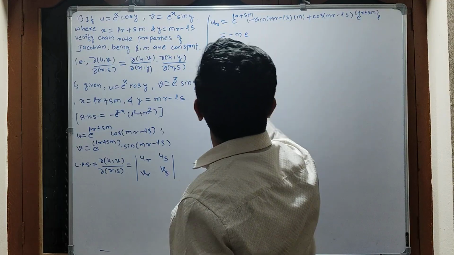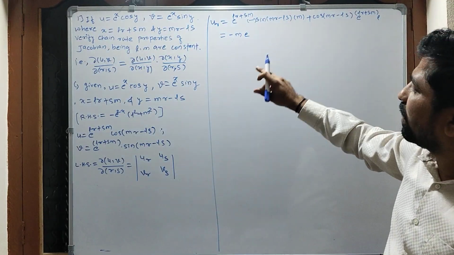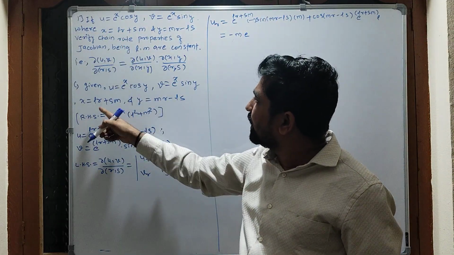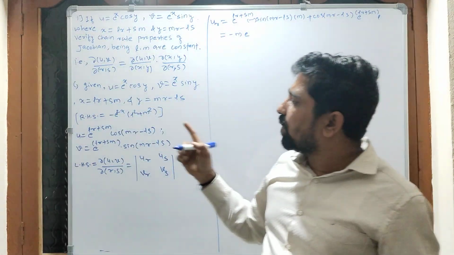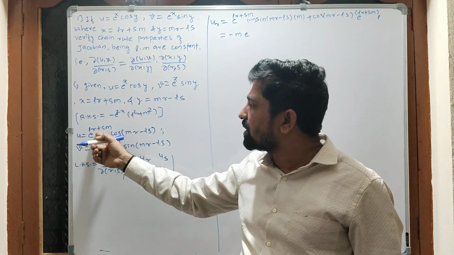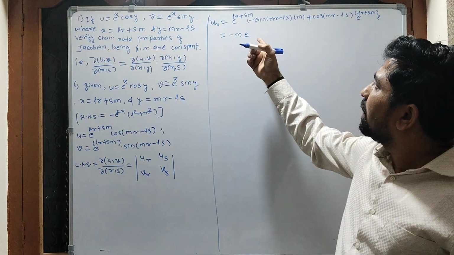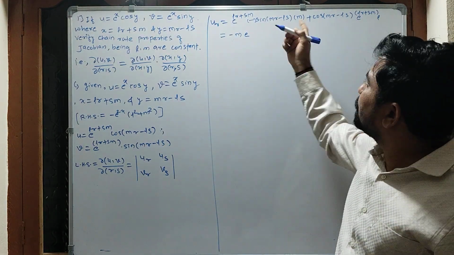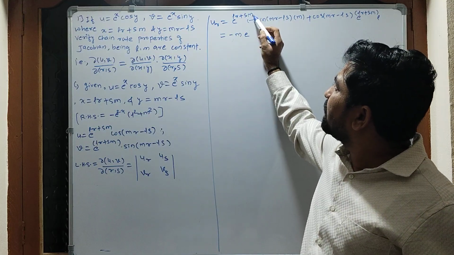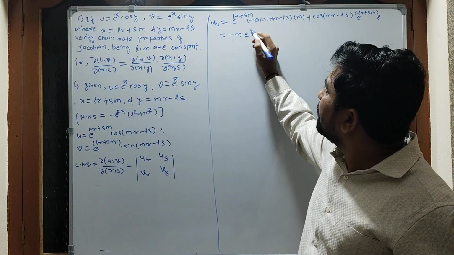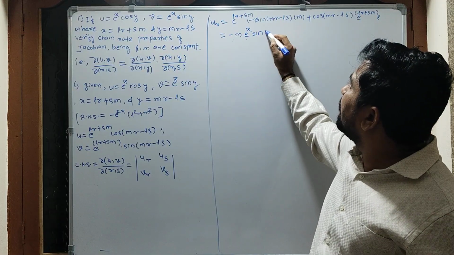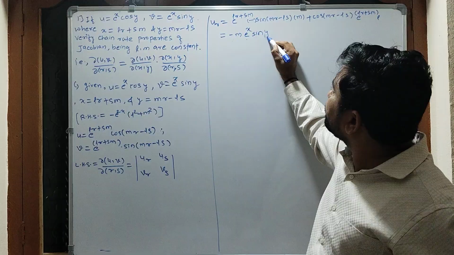e to the power, and here I want to write this same function in short form again. The value of x equals l r plus s m. I want to convert u in terms of r and s, that's why I am writing x in place of l r plus s m. So x equals l r plus s m, and in place of sine of (m r minus l s) I will write simply y.